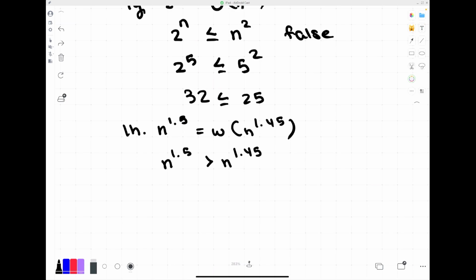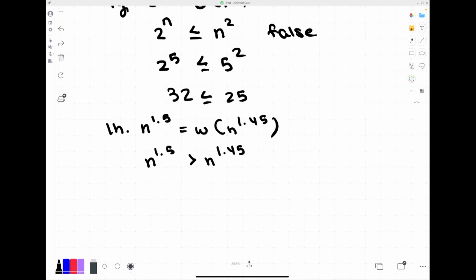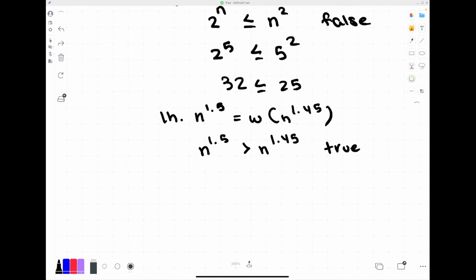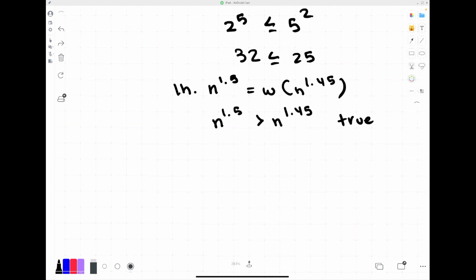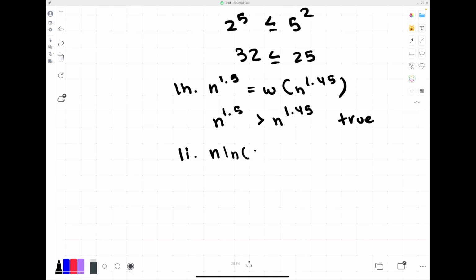So is this true? Yes, because 1.5 is greater than 1.45. So now we can go to 1i, which is n ln n equal to theta ln n.